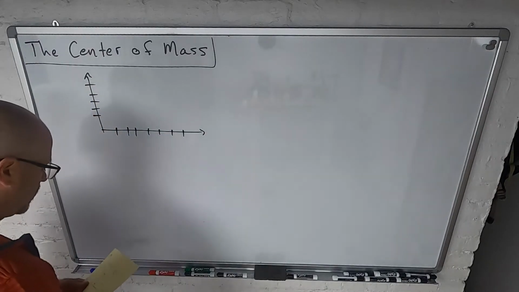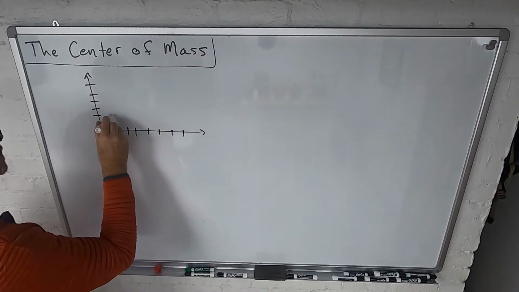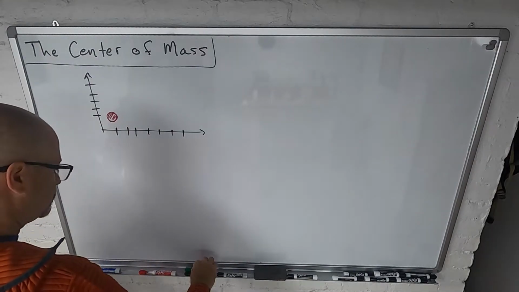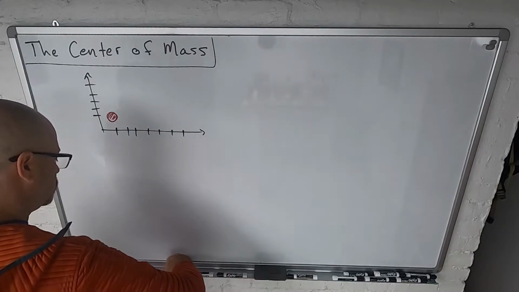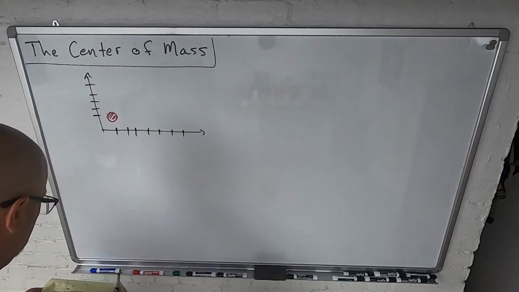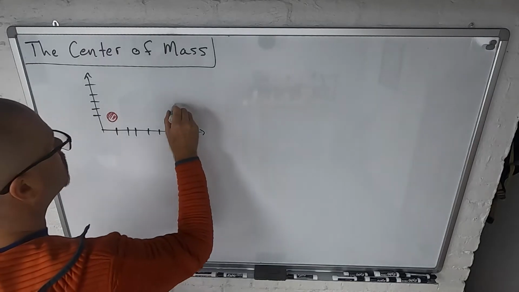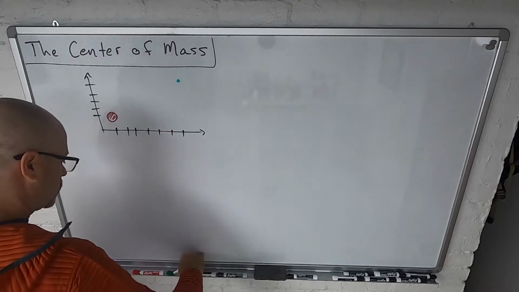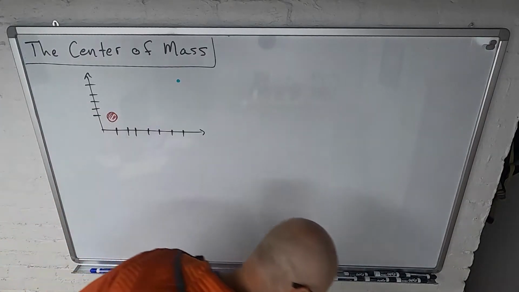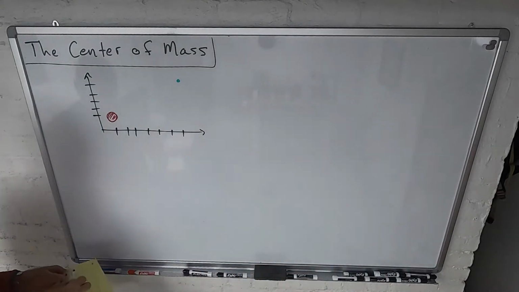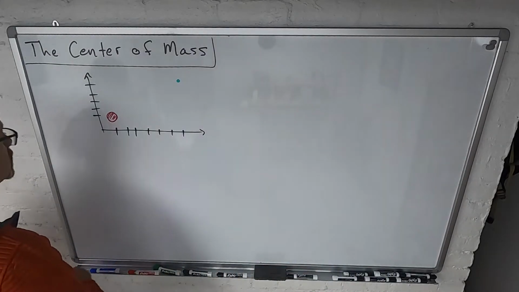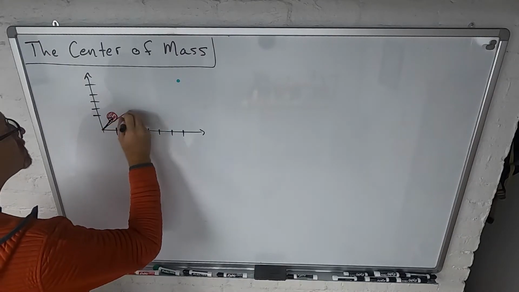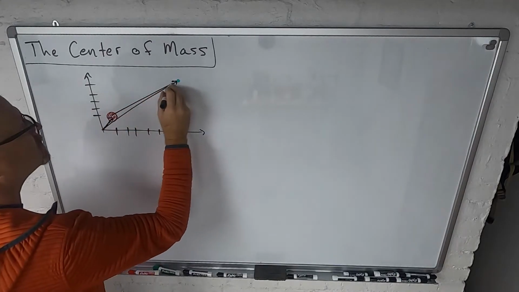Okay, so I have one mass here, and I have another mass, M2, that is here. Okay, and I would like to know the center of mass of this system. The center of mass of this system is going to be, well, the weighted sum average of all of the points that connect the centers.